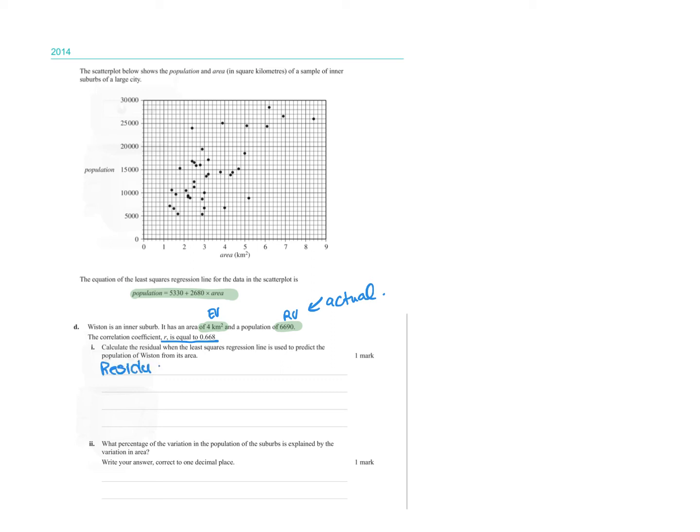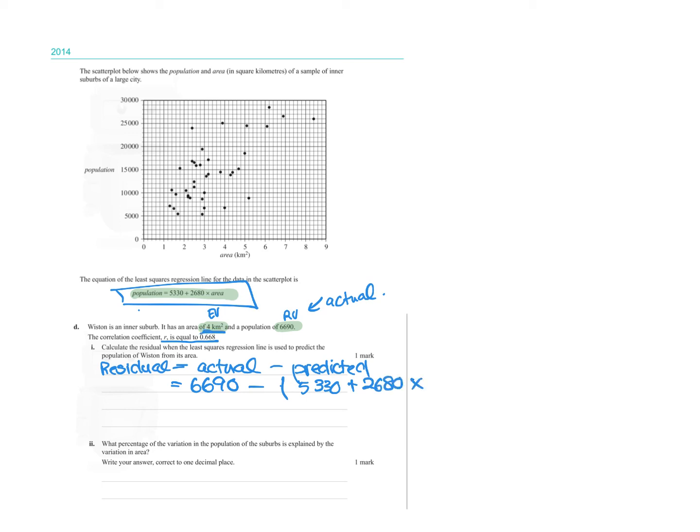They're saying calculate the residual. If you write out the formula, hopefully everything will start making sense. So the actual, they either give it to you or you can read it off. So they did give it to us. So residual is the actual, which is 6,690, minus the predicted, and we've got to use the equation. If we can't see the line, we'll use the equation. 5330 plus 2680 times the area, which they told us when they gave us the actual, was 4.